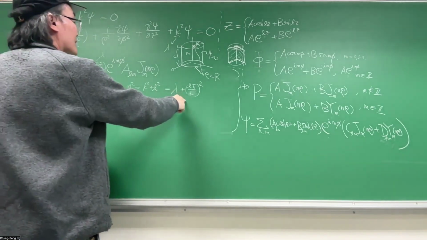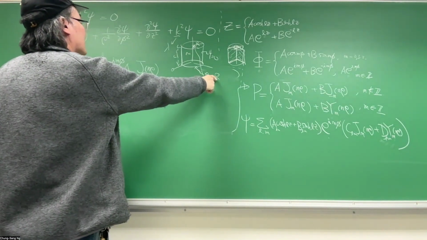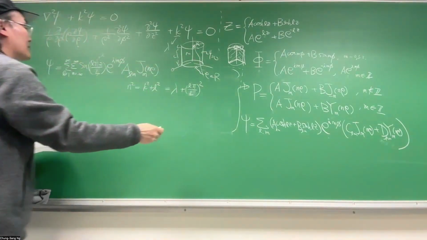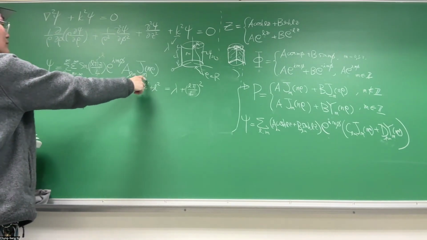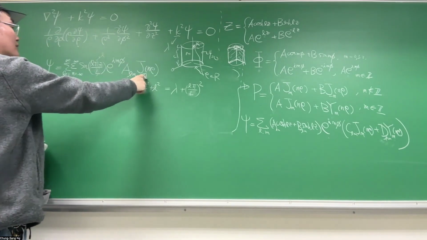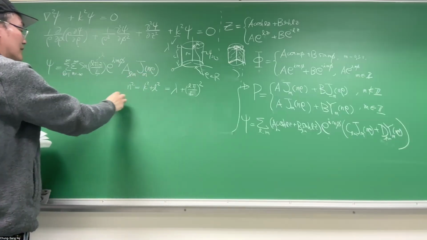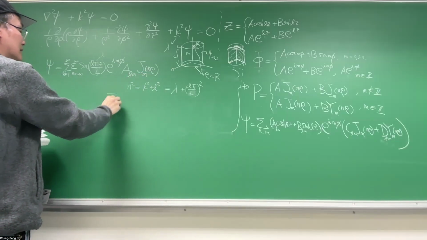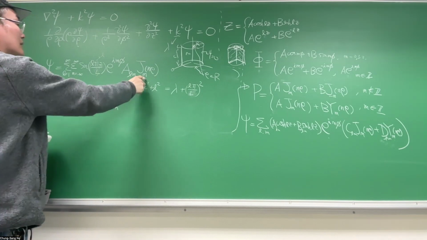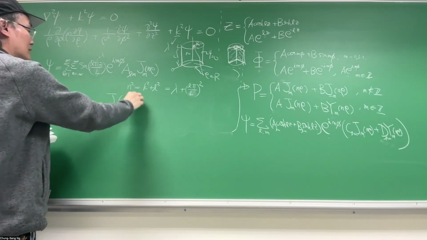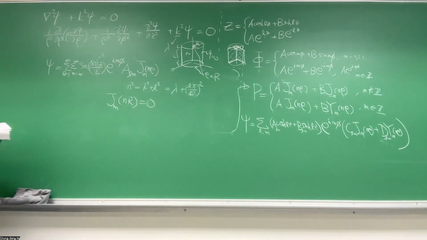That's okay. So at rho equals R, you need to satisfy the boundary condition phi is 0, which means you want the Bessel function to be 0 on the surface. So you have J m of n R equals 0.